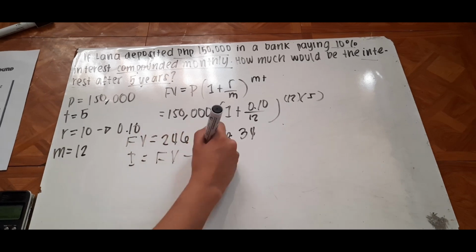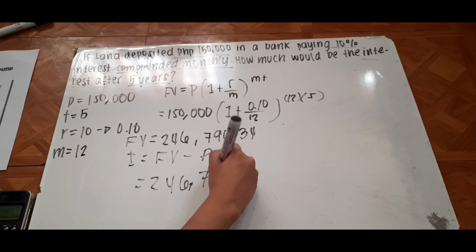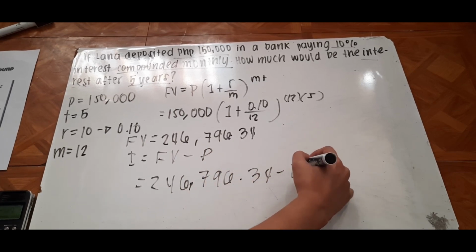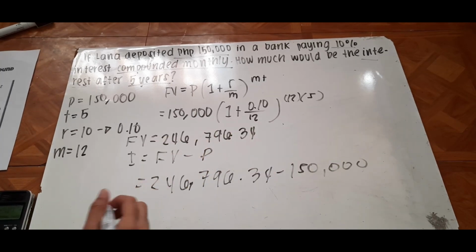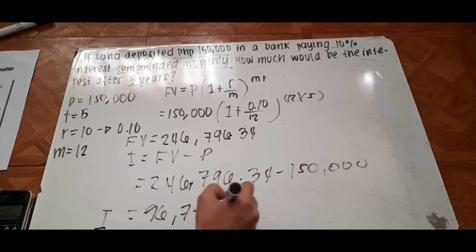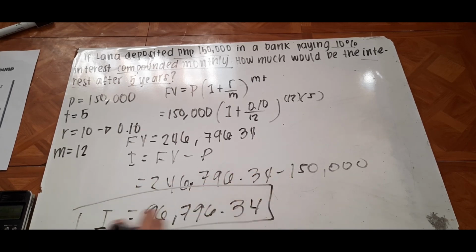So future value minus P, substitute all the given. 246,796.34 minus 150,000. So the interest is 96,796.34. So this is the final answer.